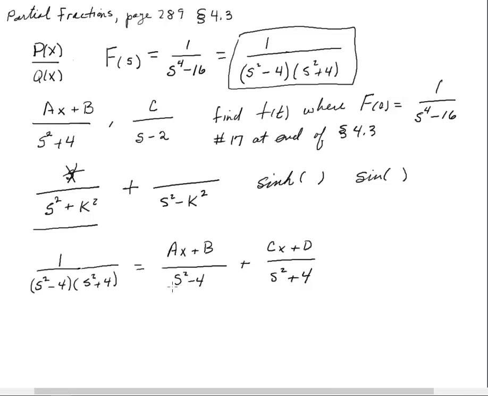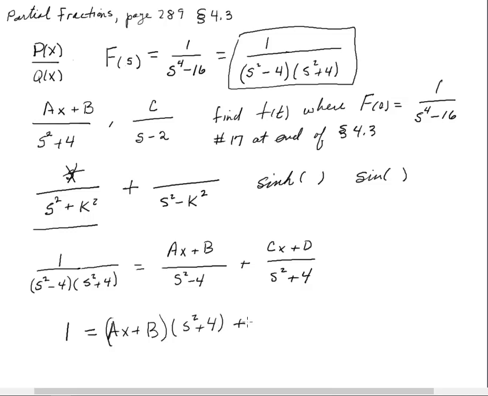Well, again, remembering from calculus, what you would do next would probably be to multiply this equation by s squared minus 4 times s squared plus 4, and you would obtain 1 is equal to, now when I take this denominator and use it as a multiplier, the s squared minus 4 is going to cancel, so I would have an (as + b) times an s squared plus 4.